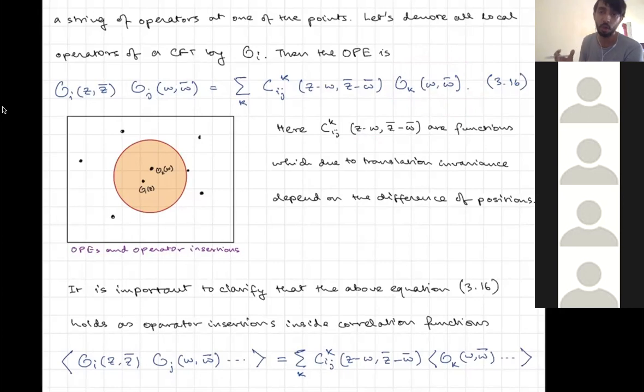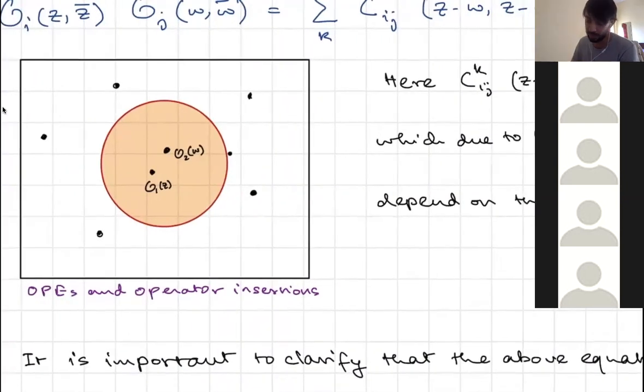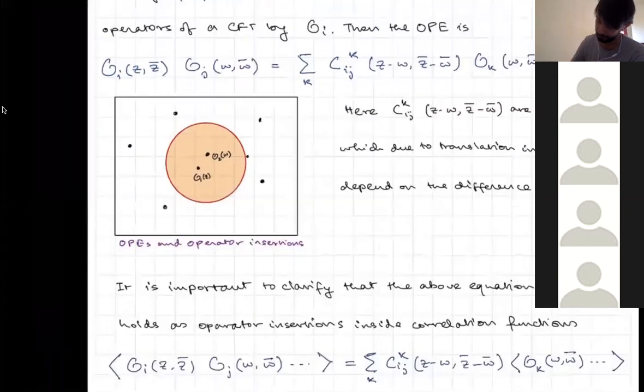So it's going to depend on the differences, since you have translational invariance built in. Here you have a picture showing two particular operators, O1 and O2, close together, with several other insertions. We will get to what the circle is in a moment.